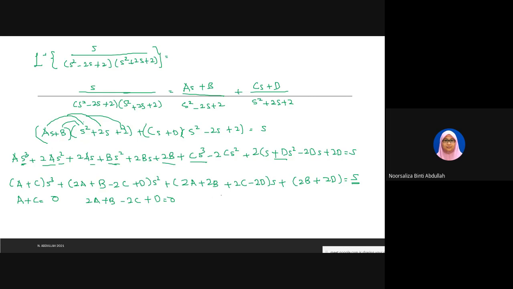Okay, cubalah selesaikan kat saya ni panjang ni. Cepat. Okay, 2B plus 2D equals to 0. B equals to minus D. Sini A equals to minus C. Betul?